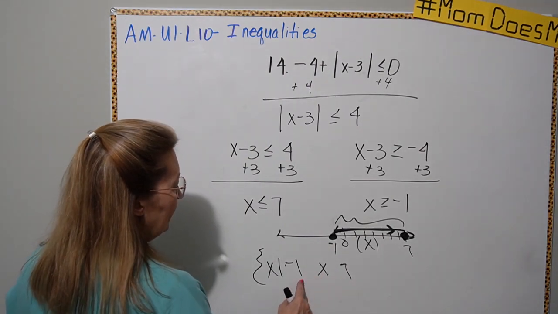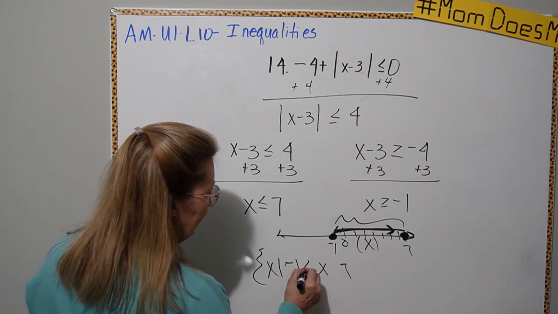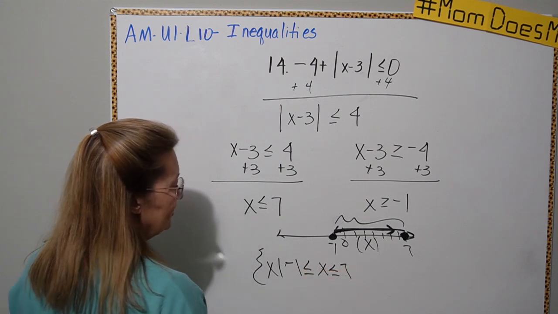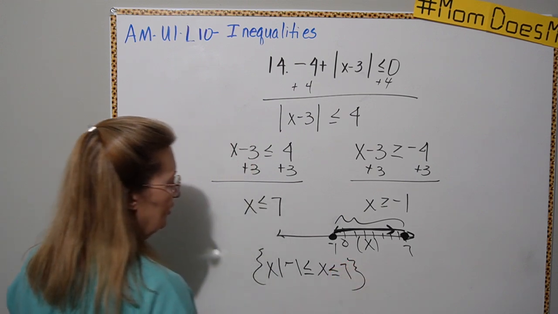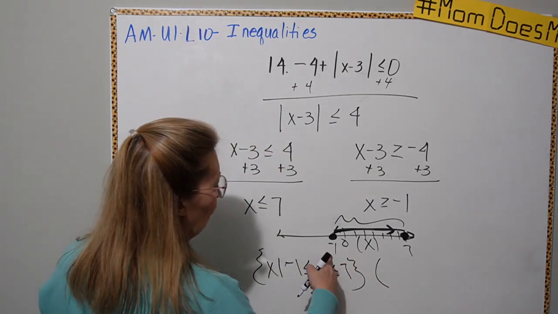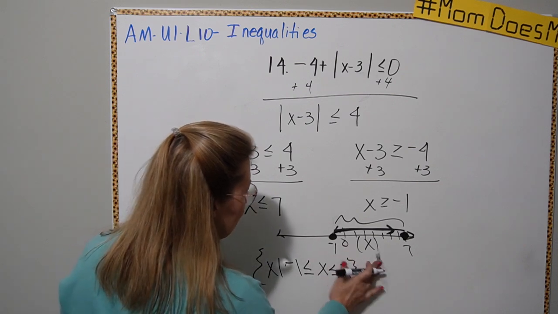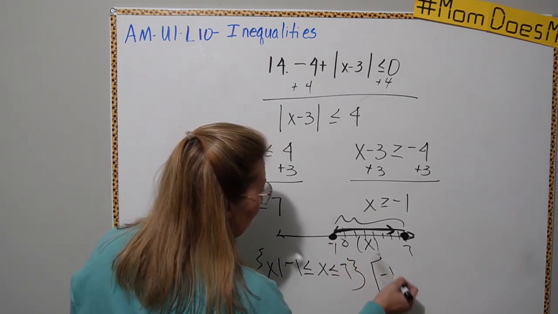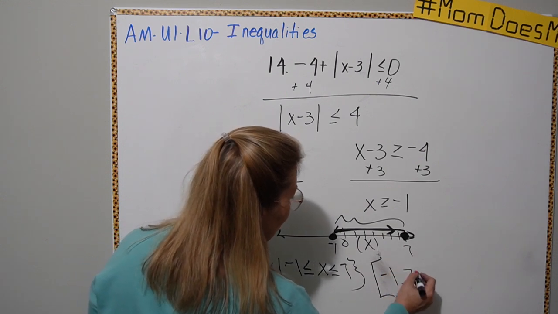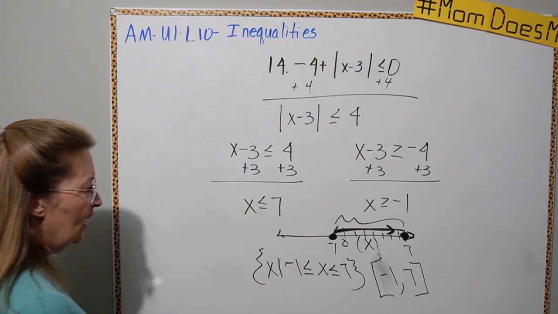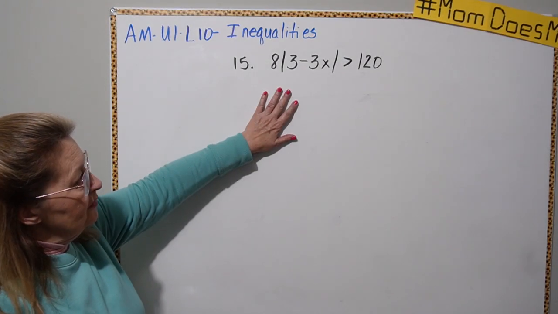Well, negative 1 is less than or equal to x, and x is less than or equal to 7. So there's your set notation. And then as far as interval notation goes, what's on the end here is negative 1, and it is a solid dot. What's on the other end is 7, and that's also a solid dot. So there you go.